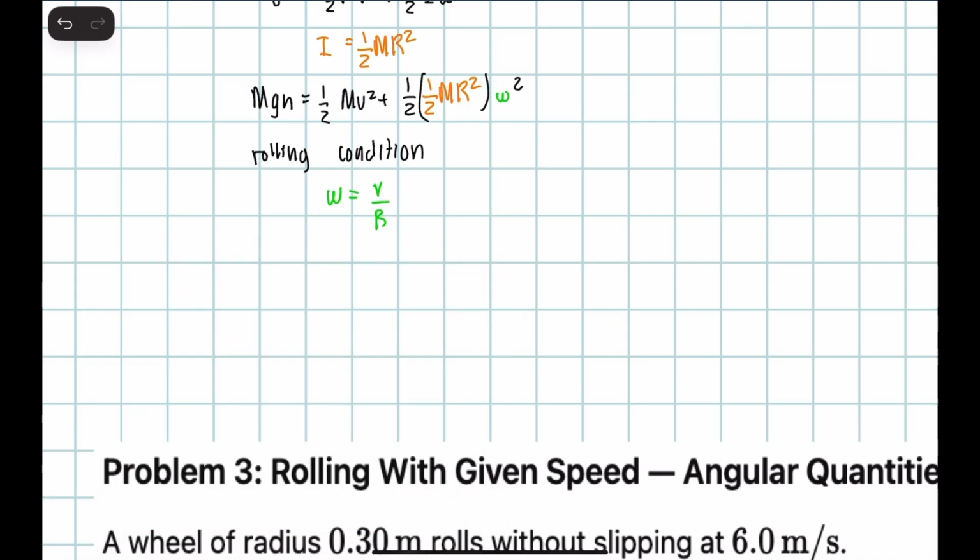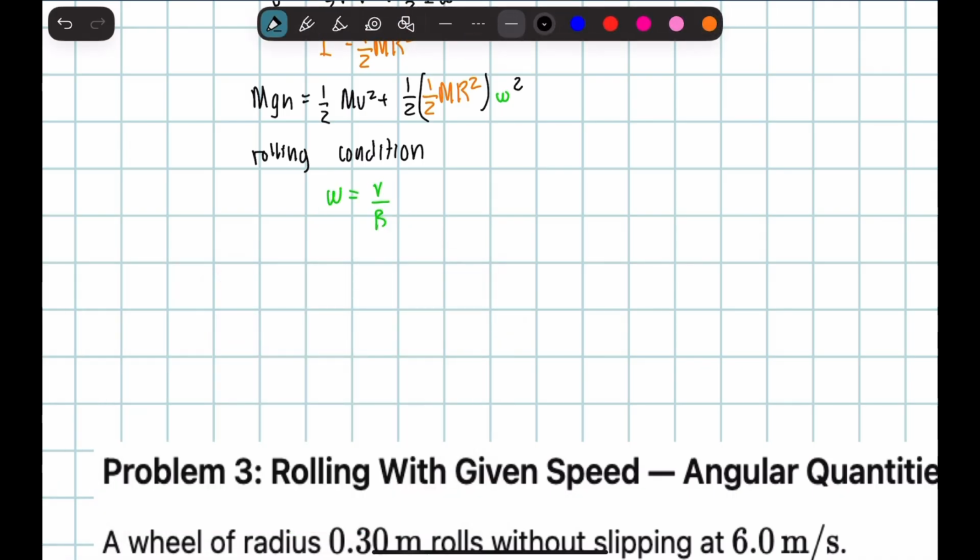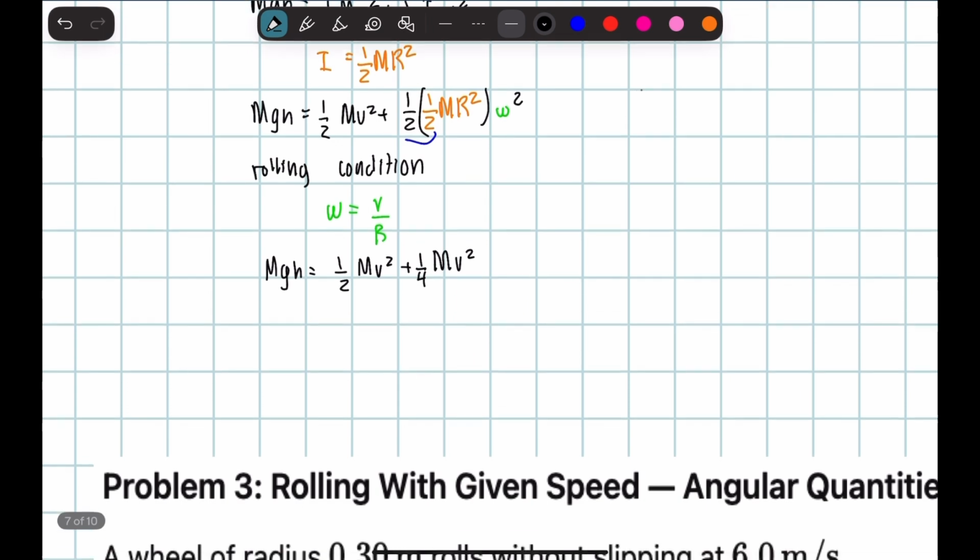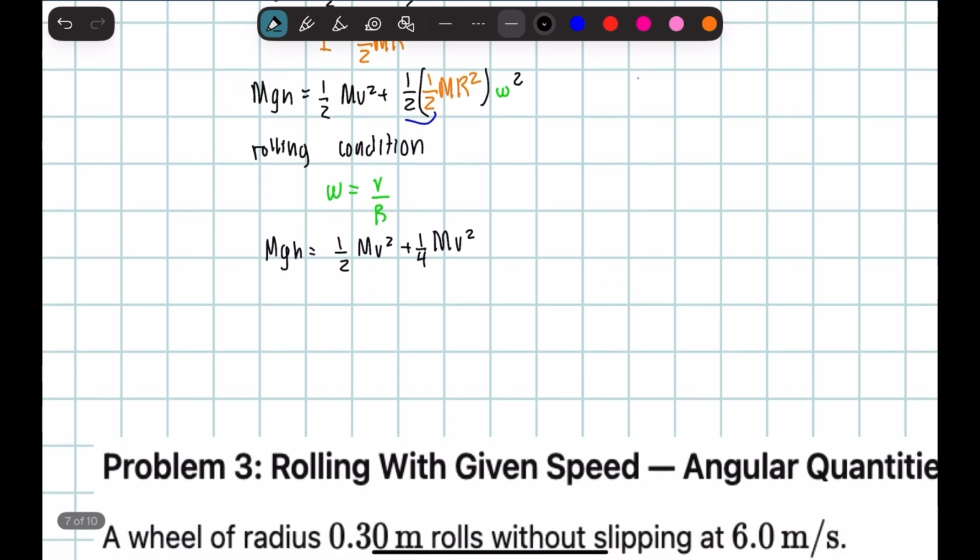Then you have mgh equal to 1/2 mv squared plus 1/4 mv squared.